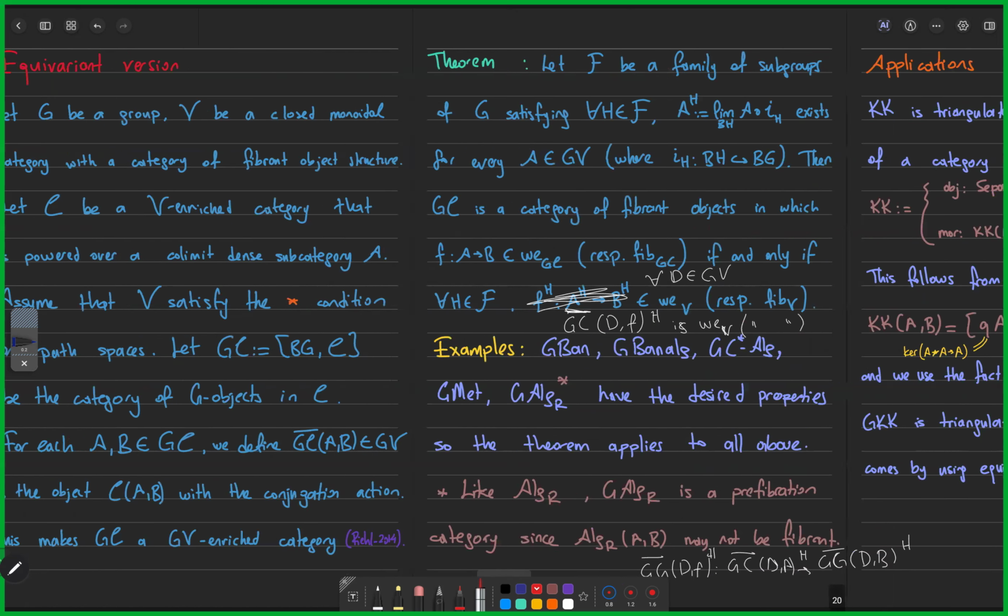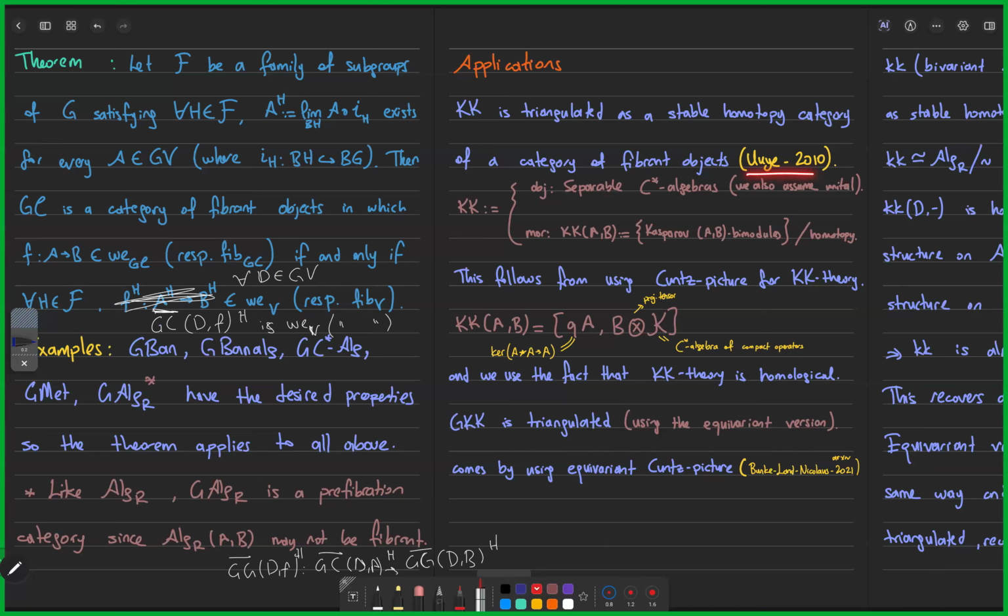The first application I will mention is actually due to Uuye's paper. The category KK is triangulated. The category KK can be defined with objects as separable C-star algebras. Here we assume they are also unital, and for convenience, morphisms from A to B are Kasparov A-B bimodules divided by the homotopy relation.